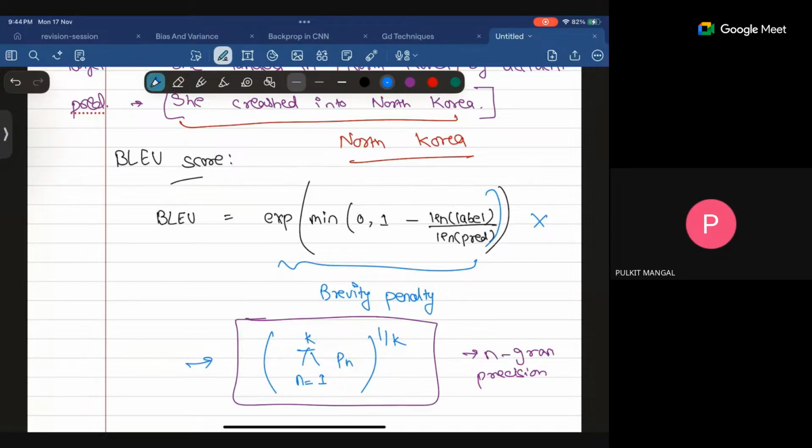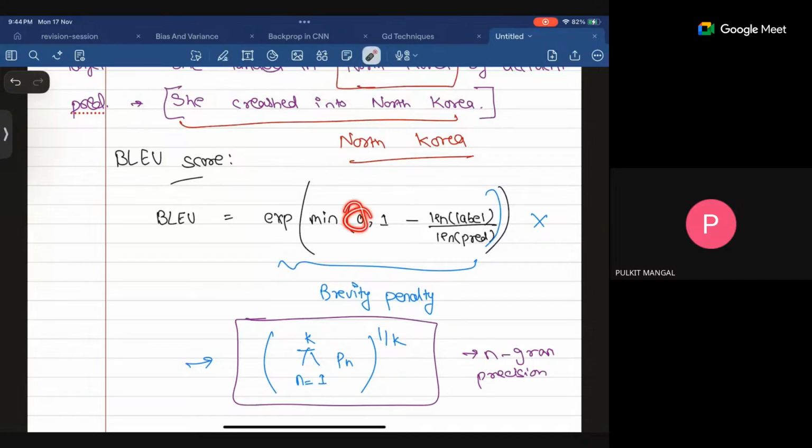Still the answer would be the same, you are going to get exponential of 0, whether you take min here or not.